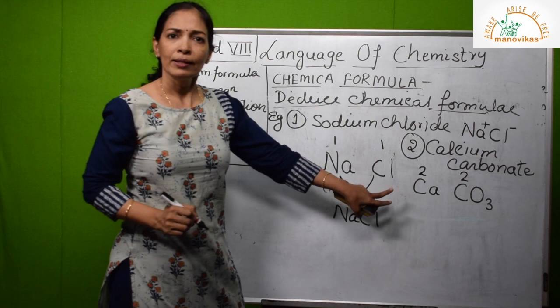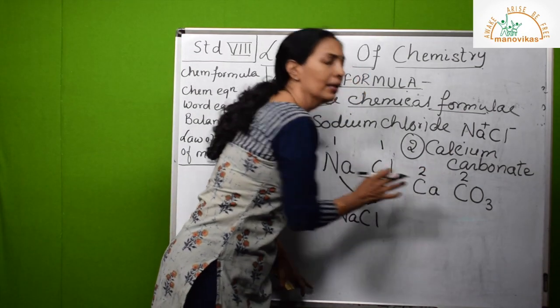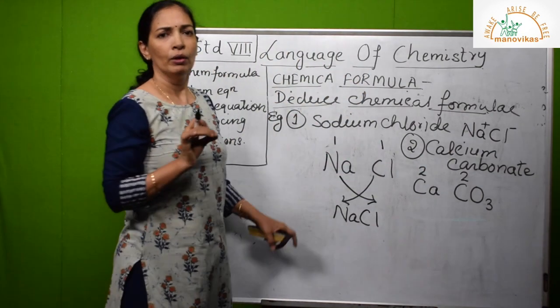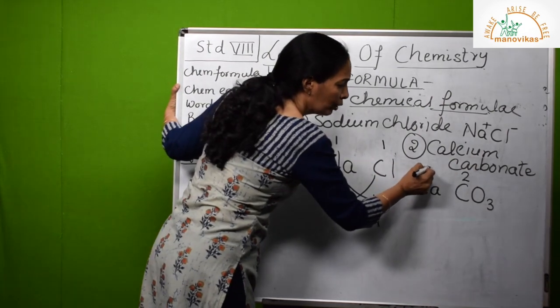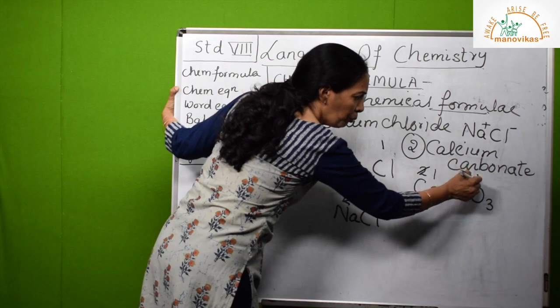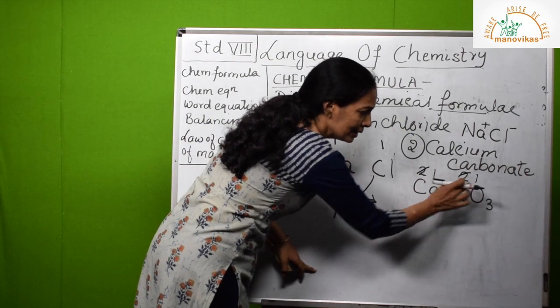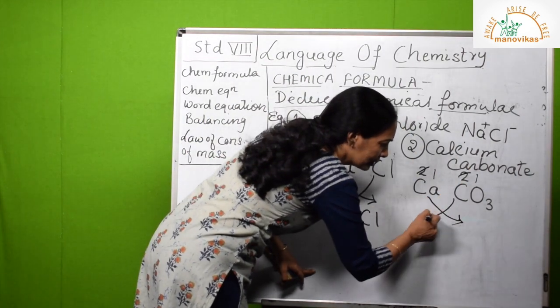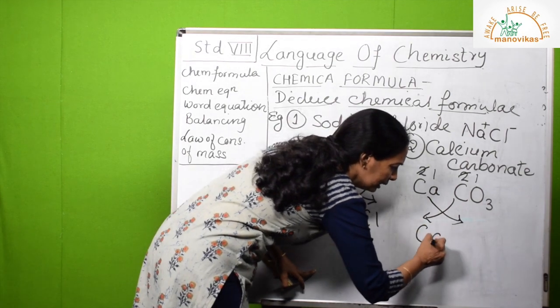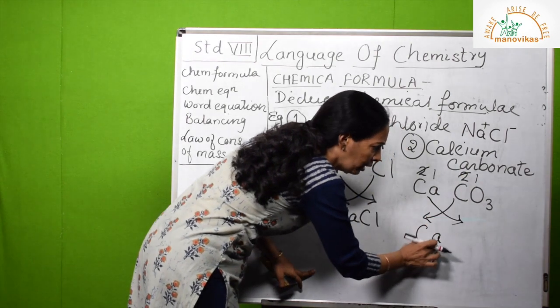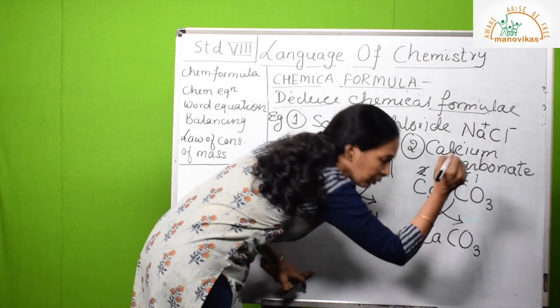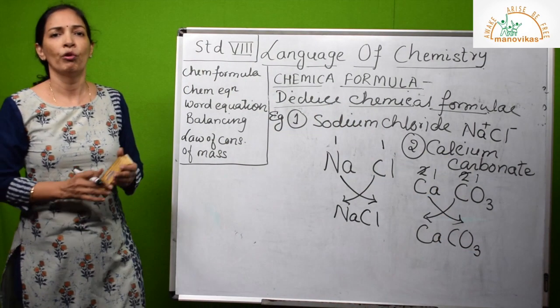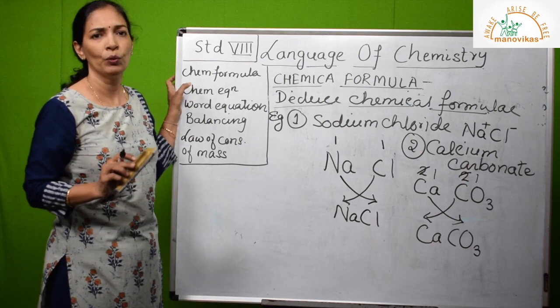We don't have to write charge. Okay. Now you see whether we can reduce it to the lowest term. Is there any HCF? So 2 and 2 can be reduced. So it will become 1 and 1. Now interchange the valencies. So this will become Ca, this 1 will come here and this 1 will go here. So this formula will be CaCO3. So calcium carbonate formula is CaCO3.